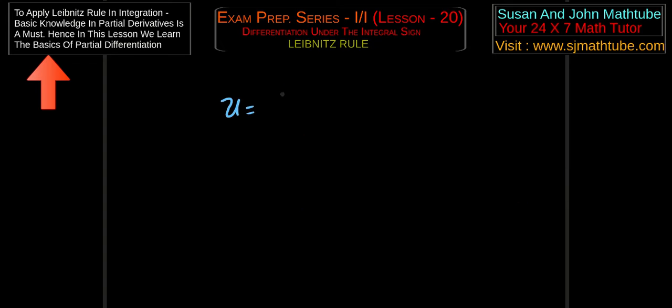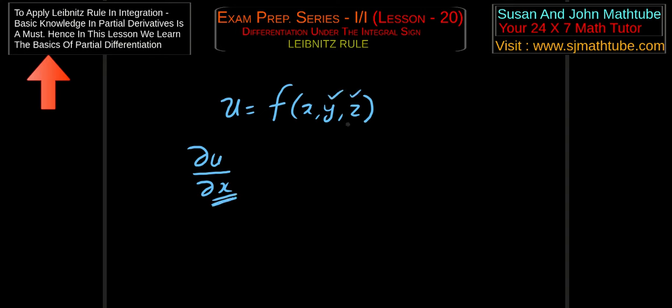So let's suppose that you have a function in x, y, z. If you want curly d, the partial derivative with respect to x, you treat x as the only variable, or in other words, y and z will be treated as constants.